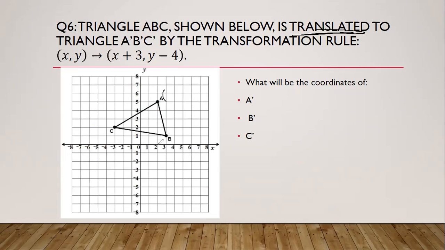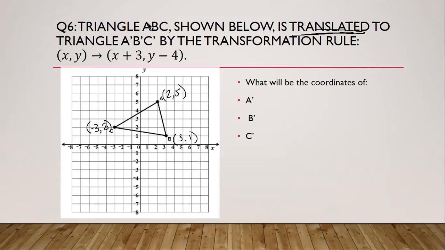First, I need those points. So let's take a look. A looks to be at (2, 5). B is at (3, 1). And C is at (-3, 2).